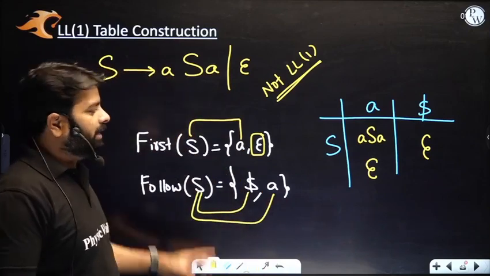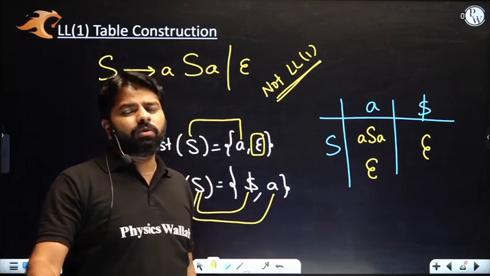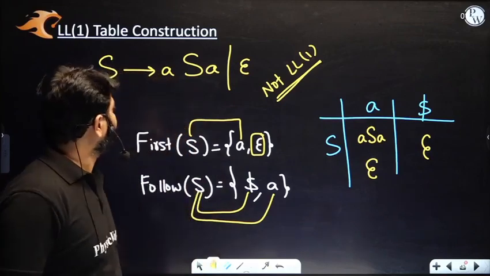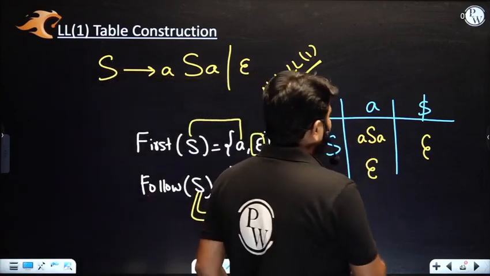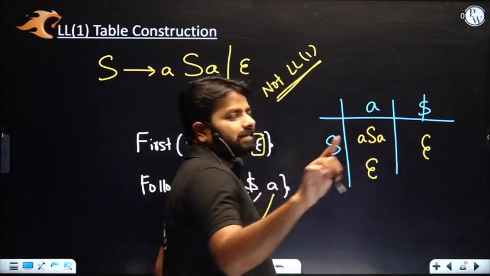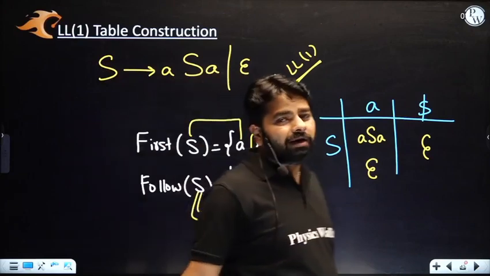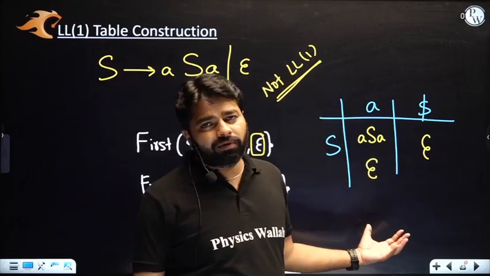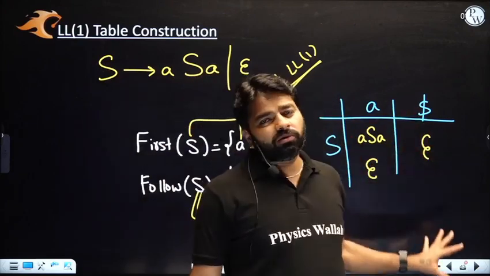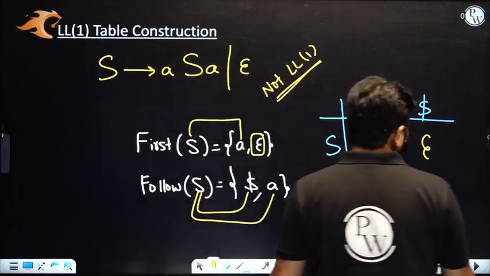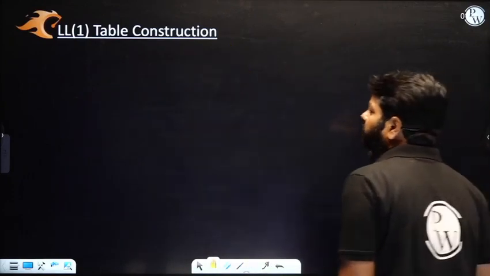This is the best example I can give, but whenever the grammar is LL1, those 3 points always hold. So you have multiple productions in the same entry. That is why this table is not allowed as an LL1 table; you tried to construct it, but you can't say it is an LL1 table because of the ambiguity.